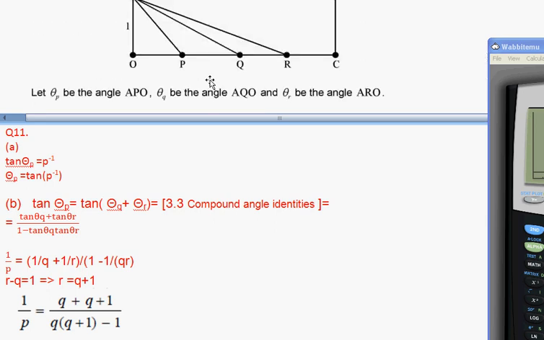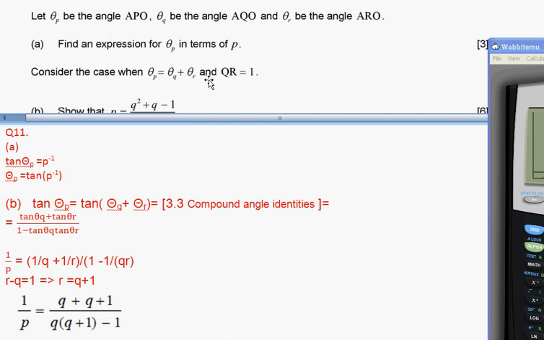Okay. By sketching the graph of P as a function of Q, determine the range of values for P which are possible for Q. So actually we can draw this function.